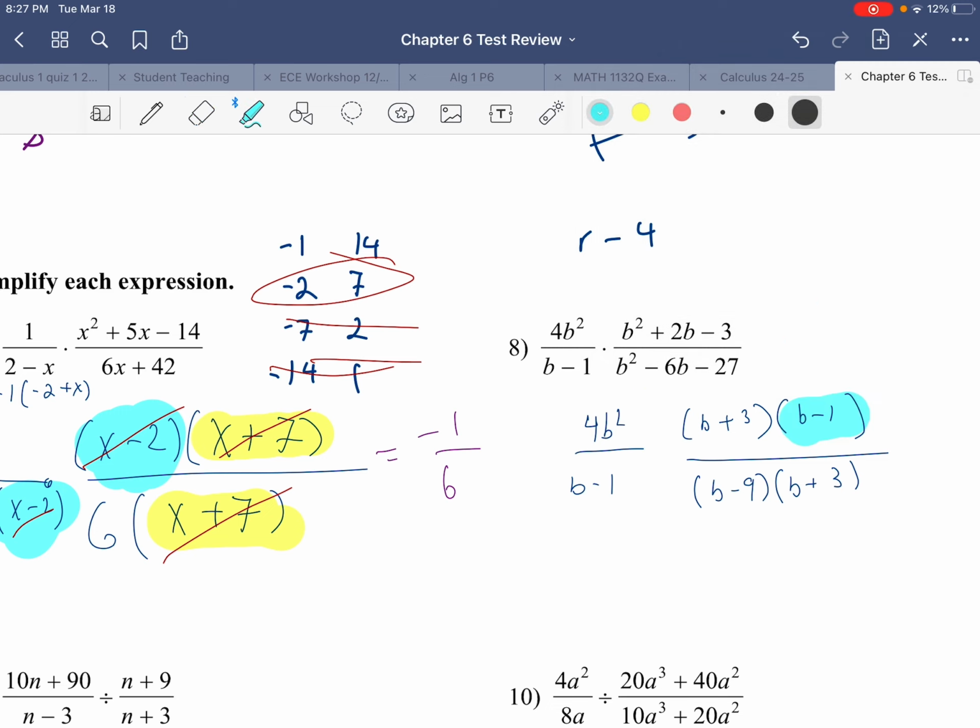I see b minus 1 and b minus 1, b plus 3 and b plus 3. These are going to cancel. I'm left over with 4b squared and then b minus 9.